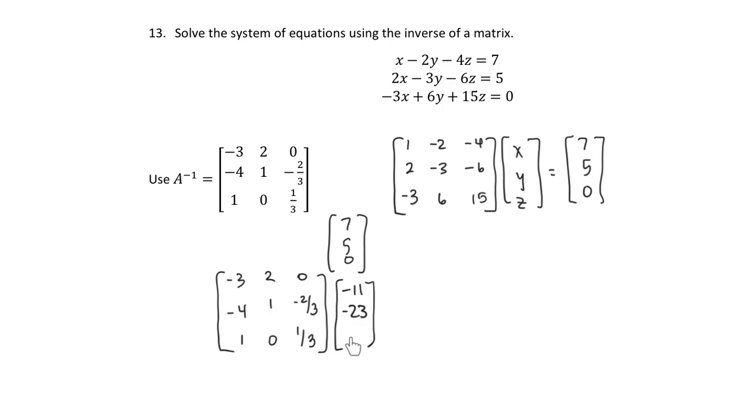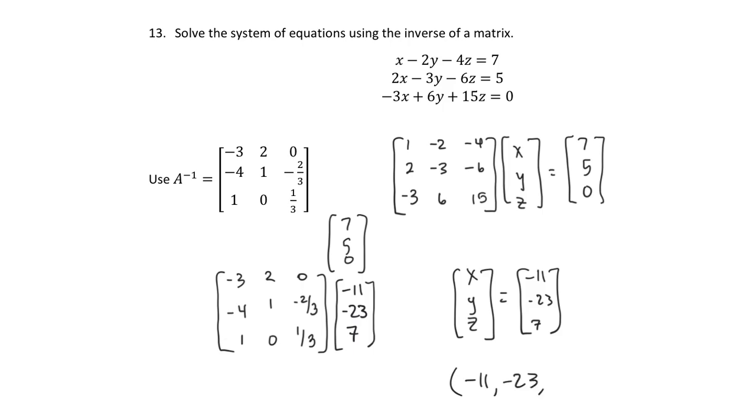And then here we have this row to that column, so 1 times 7 is 7, plus 0, plus 0, so that's 7. So what we have is the XYZ matrix is equal to negative 11, negative 23, and 7. So the solution to the system of equations is negative 11, negative 23, and positive 7.